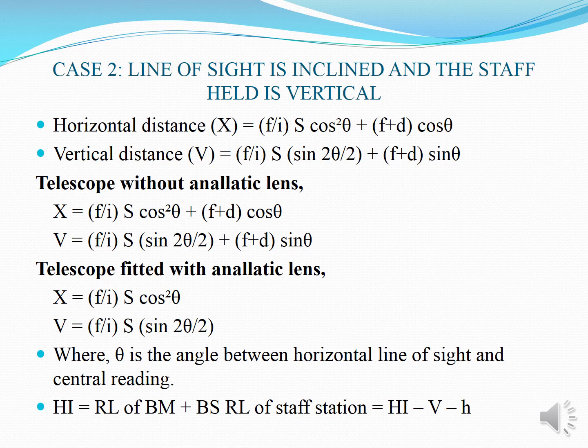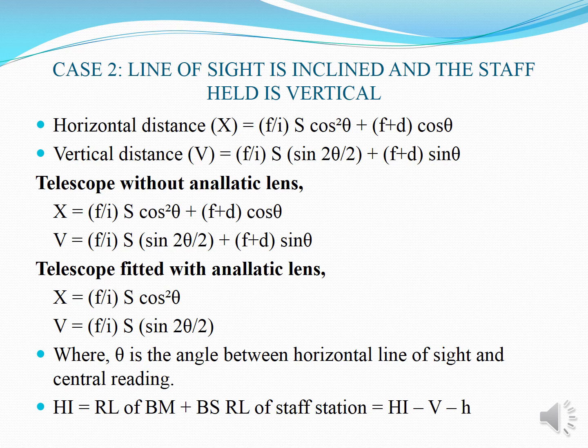While the vertical distance capital V we can calculate using this formula again, f upon I into s into sine 2 theta upon 2 plus f plus d into sine theta. Where f upon I is the multiplying constant and f plus d is the additive constant.